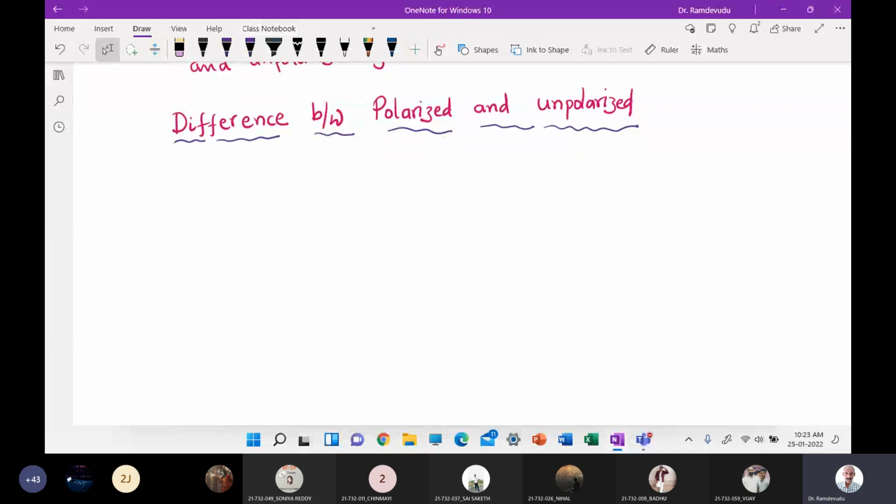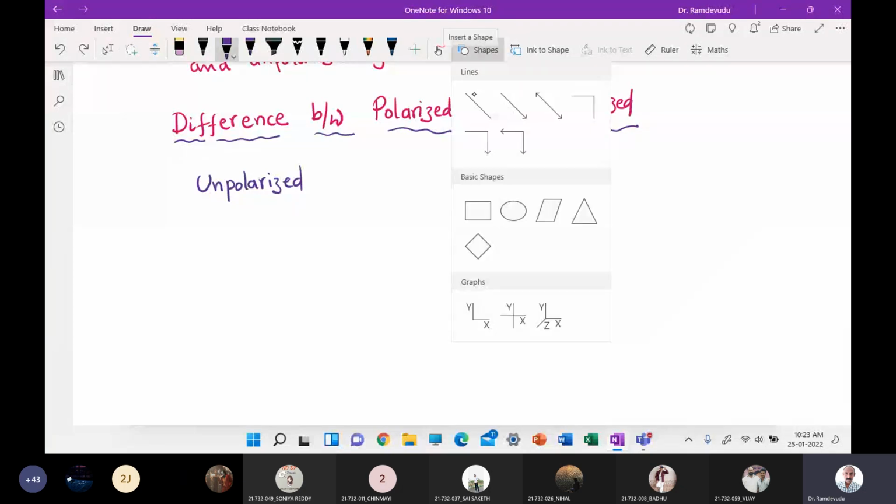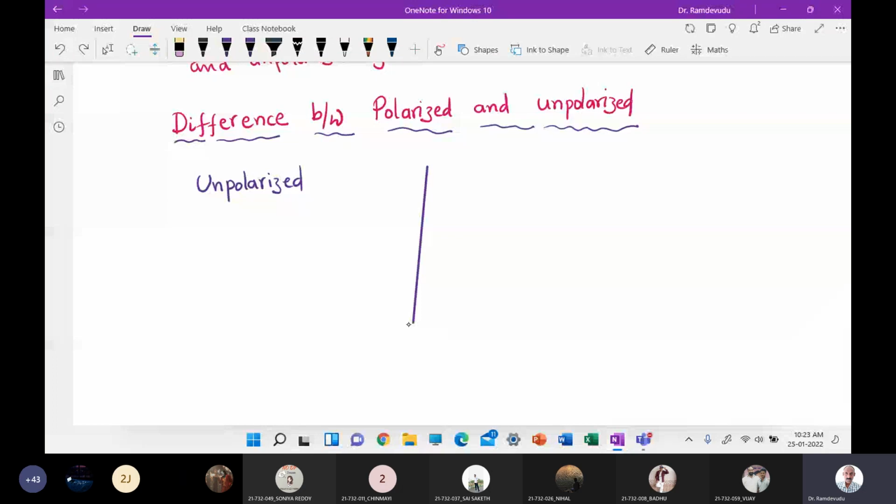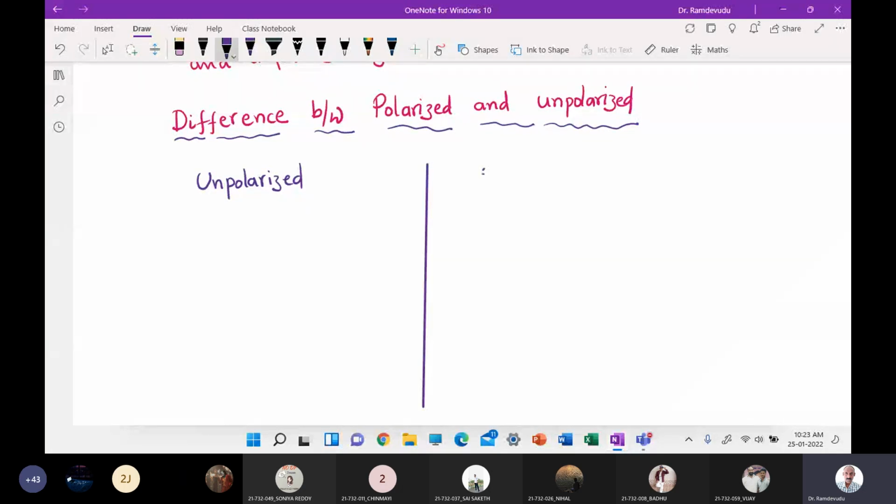So I take unpolarized light here, and I talk about polarized light here. I draw a straight line here.